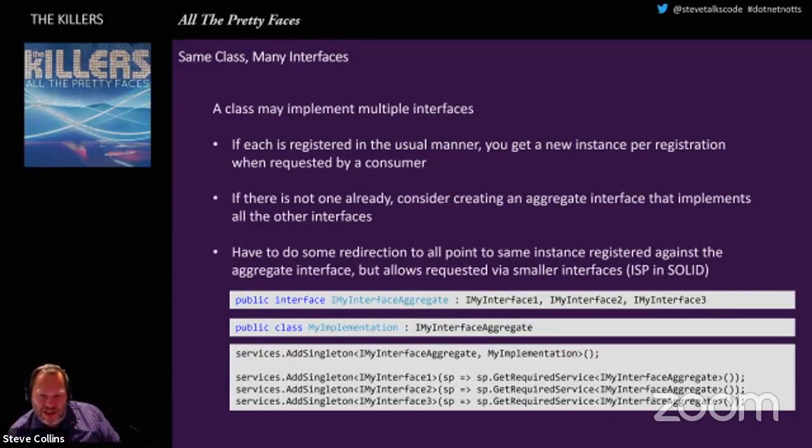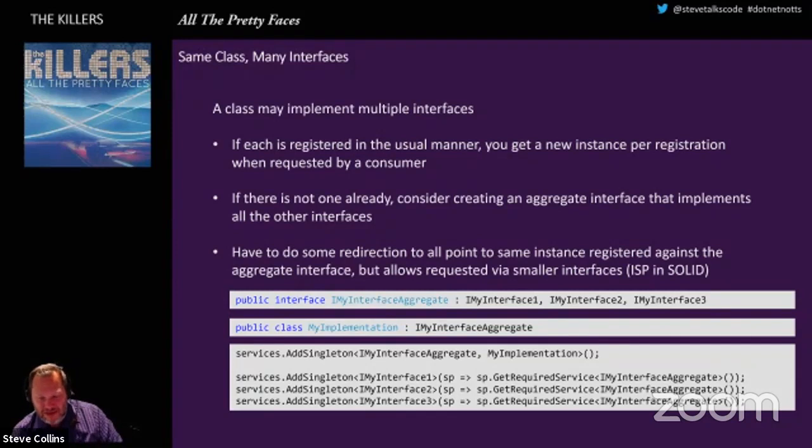There are 2 ways you can approach that. My preferred route is to take all the interfaces and create another interface that's an aggregation of those interfaces. So, for example, I've got at the bottom IInterface1, 2, and 3, and then I have my IInterfaceAggregate that inherits, depending on how you like to use the terminology, those 3 interfaces. That way, when I come to register my concrete, instead of registering the concrete, I can register that aggregate interface.